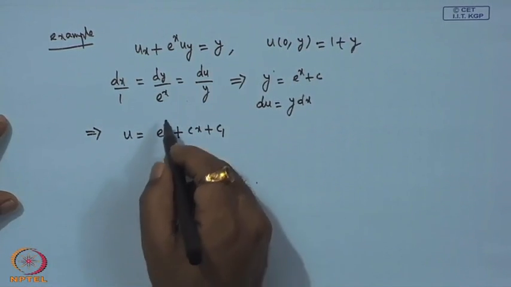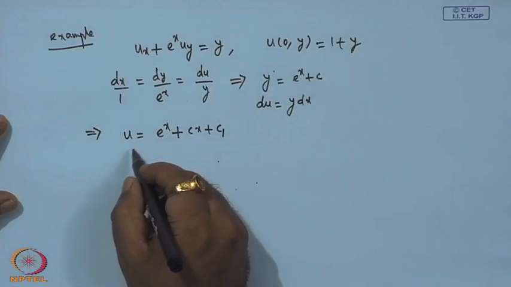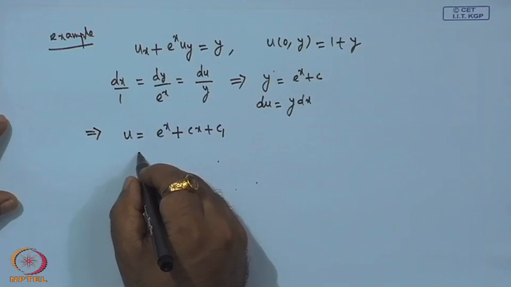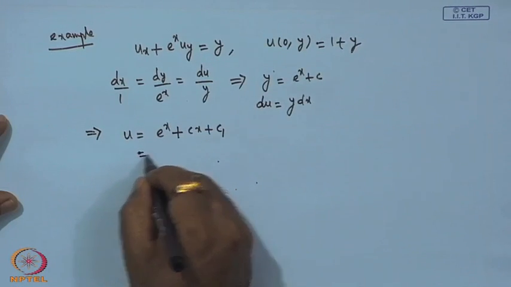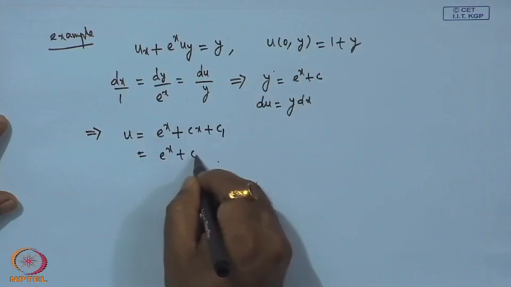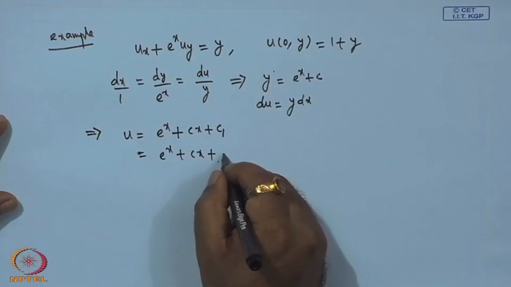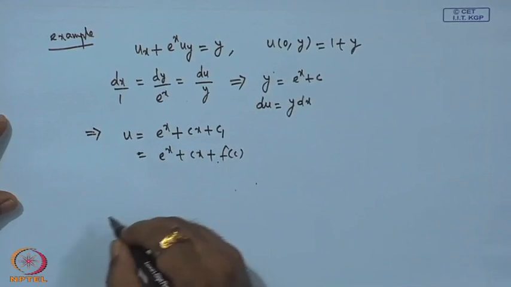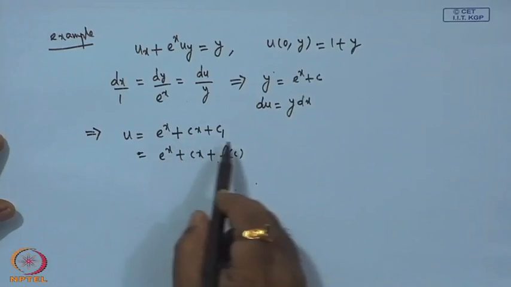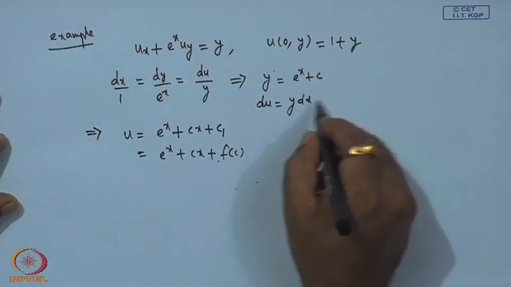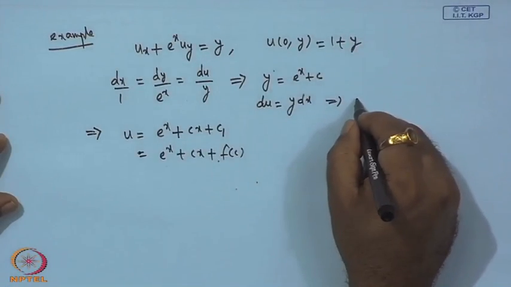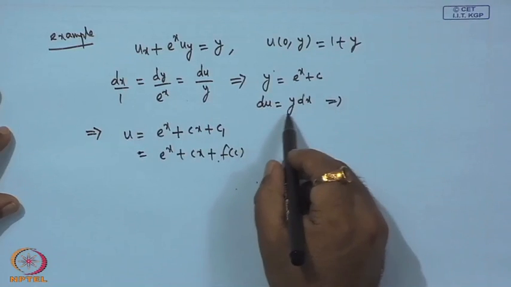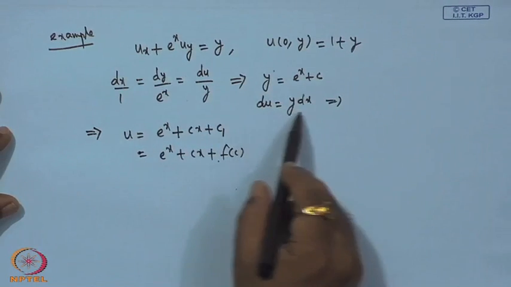So, we can represent some function of c, because we need to eliminate. So, this implies du is y dx.